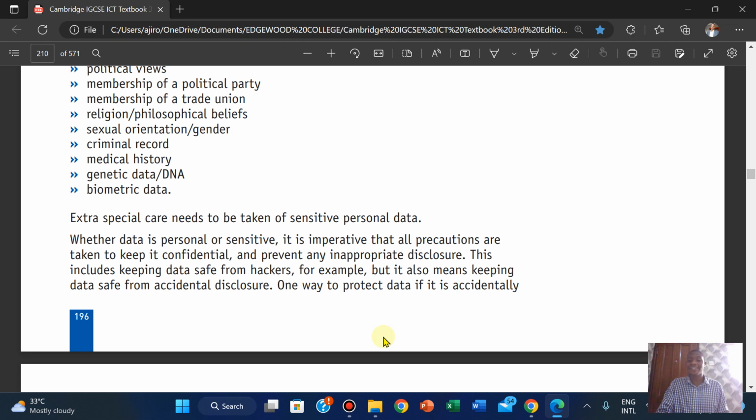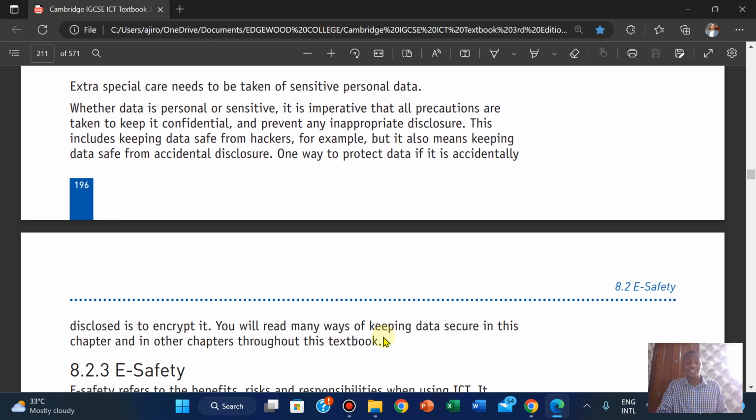One way to protect data if it is accidentally disclosed is to encrypt it. So you have to prevent sensitive or personal data from being hacked or accidentally disclosed, whether the protection is physical or electronic.